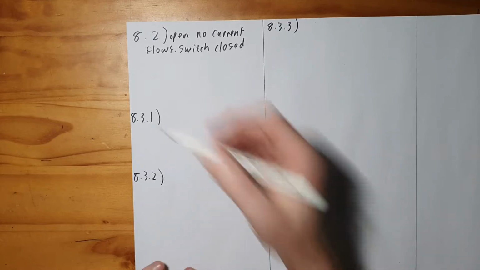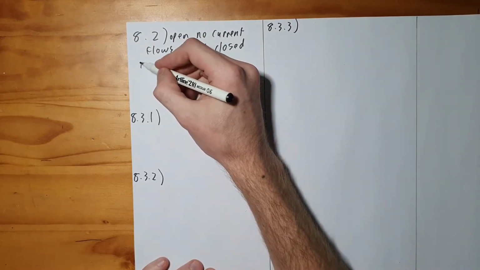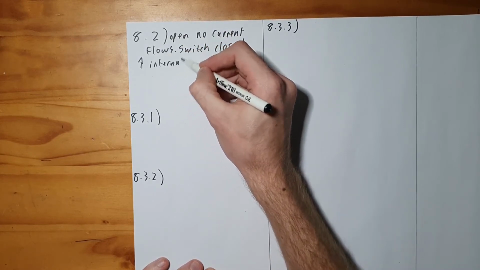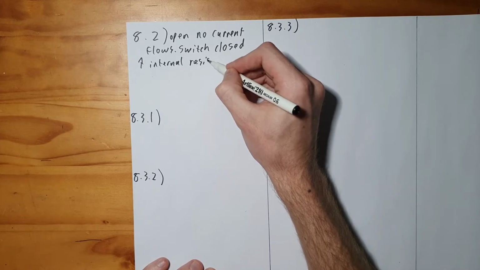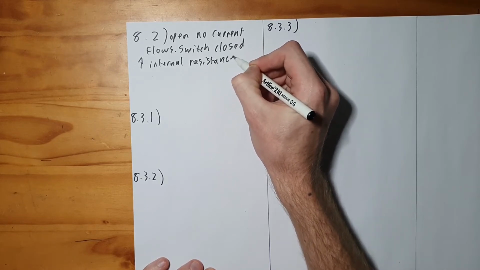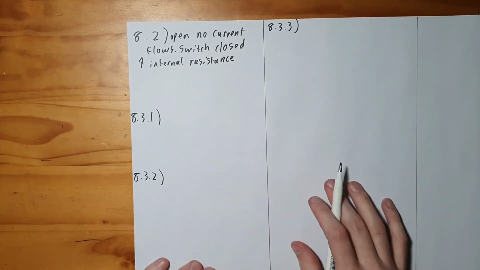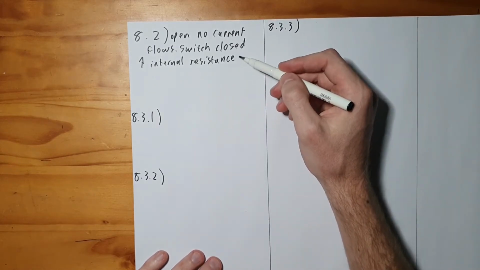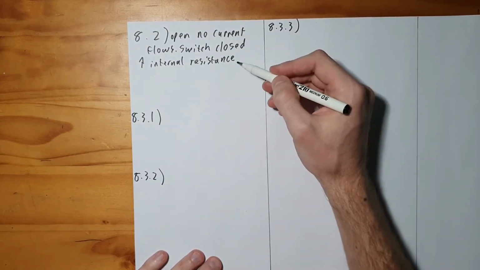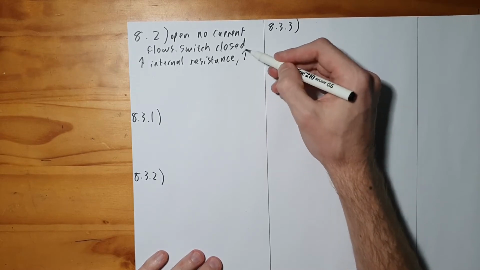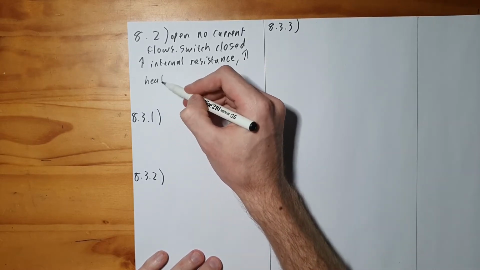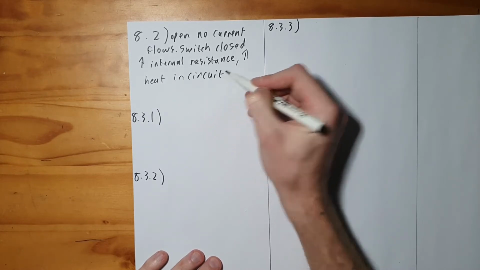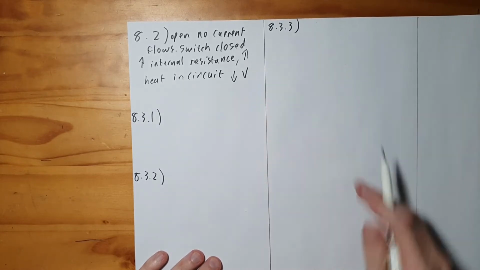So now because of internal resistance, there's an increase in internal resistance, and remember the resistors in the series will use energy as well, and they convert it to heat. So due to the internal resistance increasing, there's an increase in heat in the circuit and therefore a decrease in voltage.